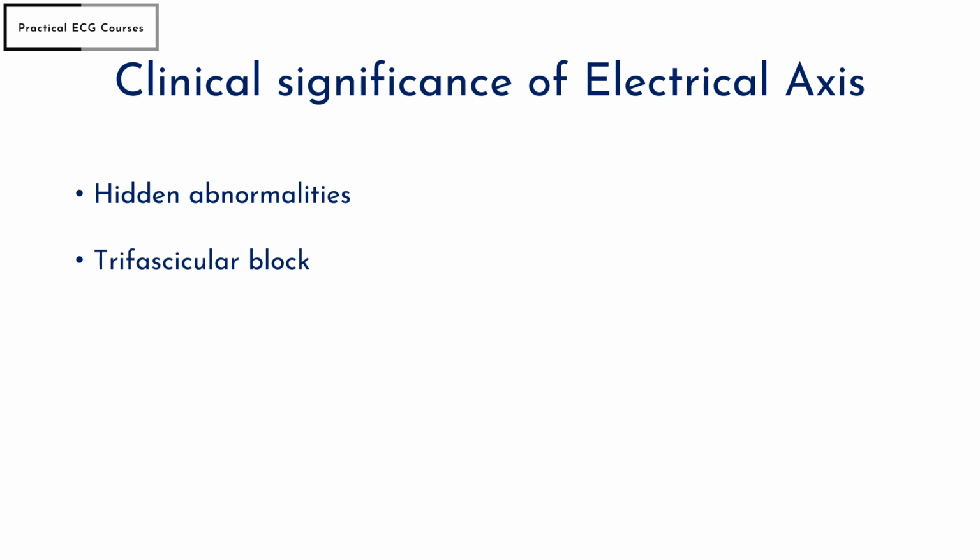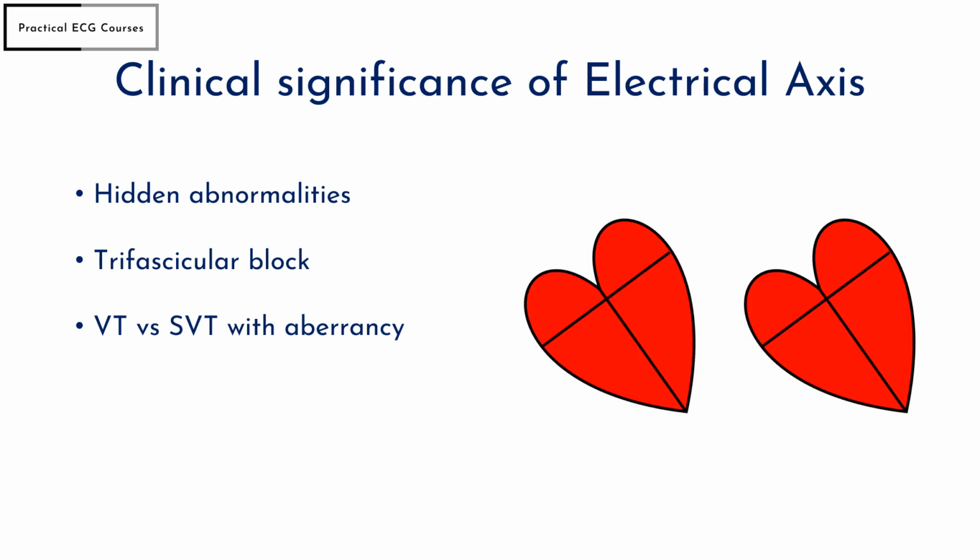Second, it is a part of the mandatory criteria for the diagnosis of trifascicular blocks. Axis can help you diagnose VT and to differentiate VT from SVT with aberrancy. There are 2 ways it does this. The first is what I've just discussed a couple of slides ago. When you have a wide complex or broad complex tachycardia with extreme axis deviation, it is highly suggestive of a VT.